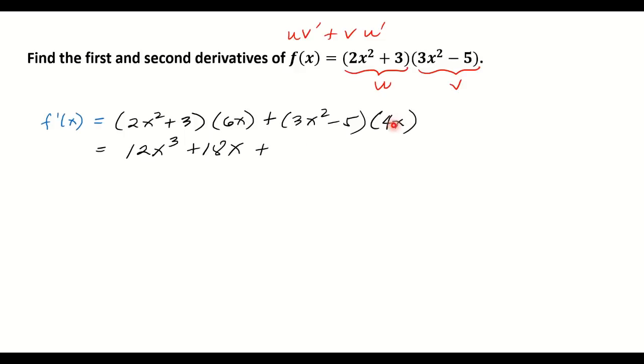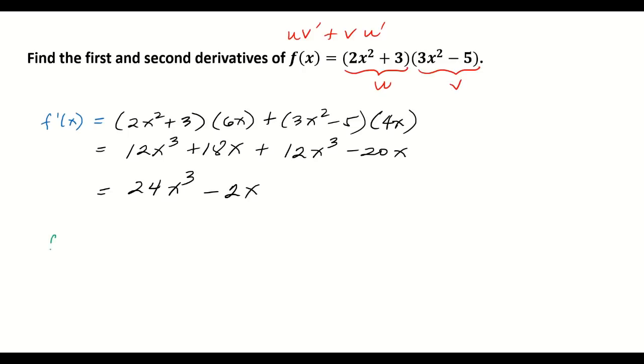Plus, multiplying 4x by 3x squared minus 5, this would be 12x cubed minus 20x. And combining like terms, we have 24x cubed. And 18x minus 20x is negative 2x. So this is our first derivative.